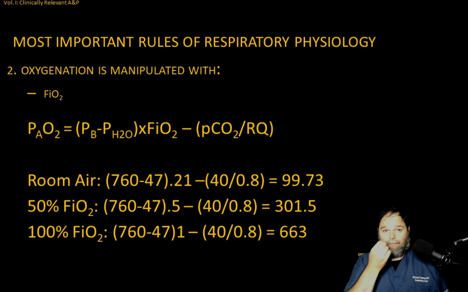We said that the gas on the inside that we can use is heated to 37 degrees and humidified to a water vapor pressure of 47 millimeters of mercury. So that's the number we're going to use here. We're going to subtract 47 from 760, which is going to give us 713. And the first example we're going to do here is with room air.